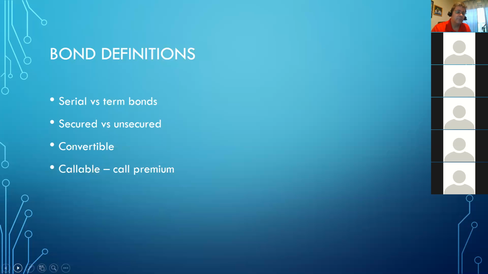And most bonds are unsecured because, let's be real honest, if you had to repossess equipment from Ford Motor Company in their factory because they defaulted, what would you do with that? I mean, how would you go about collecting that equipment and selling it and all that kind of stuff? Think about what a pain that would be. So most bonds are unsecured.